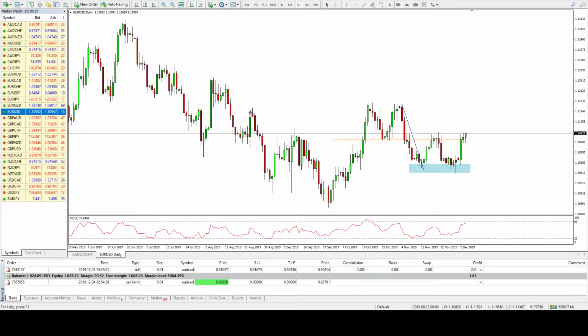So let's do this. Okay, so let's see if it'll pass this. It looked like a W pattern. But we'll see.